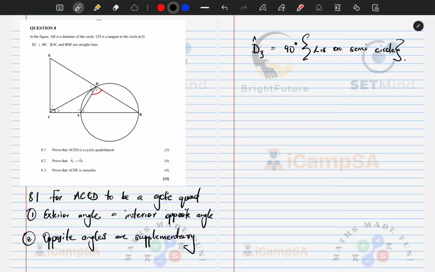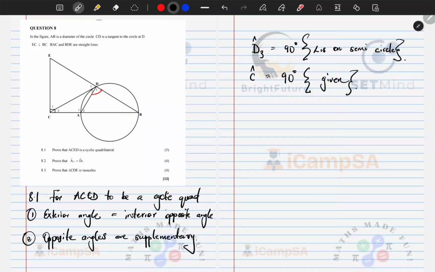And already, if we know that D3 is equal to 90 degrees, remember we also know that the entire angle C, not C1, is equal to 90 degrees, which is given.